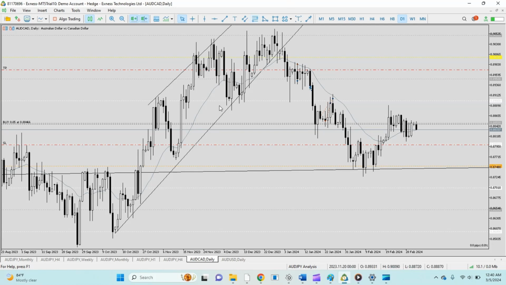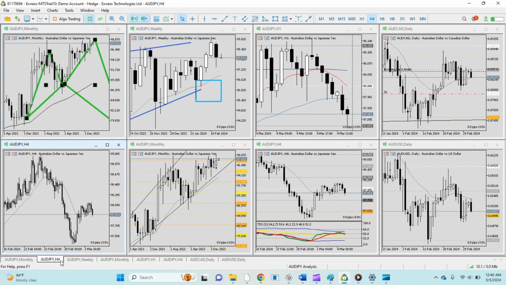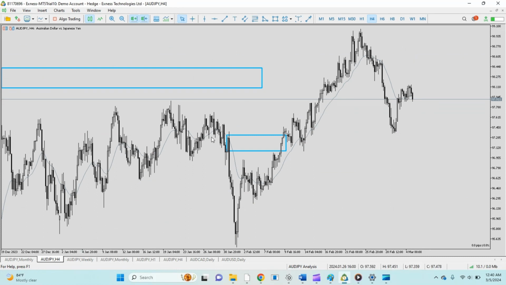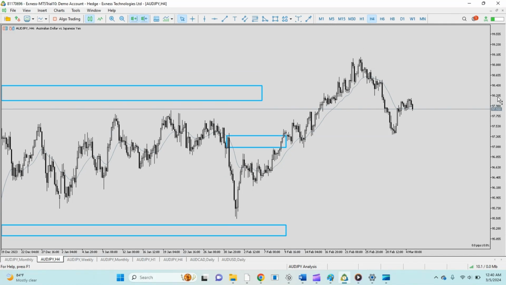Really nothing much on the 1 hour time frame, but in the H4 time frame, we can appreciate some patterns.